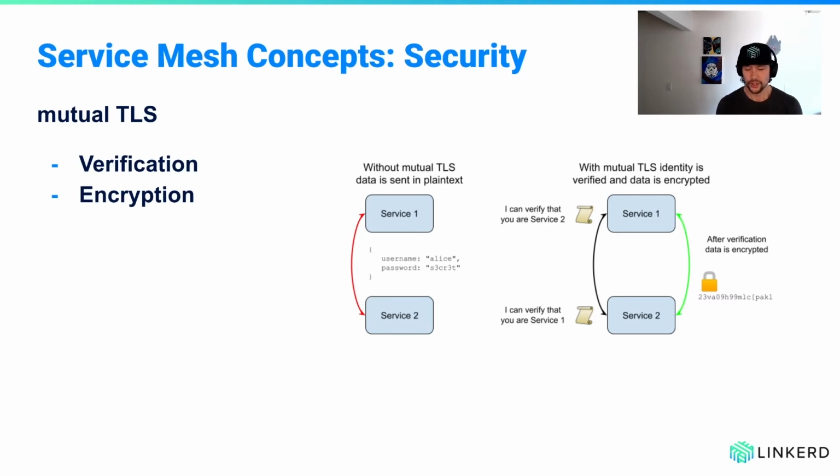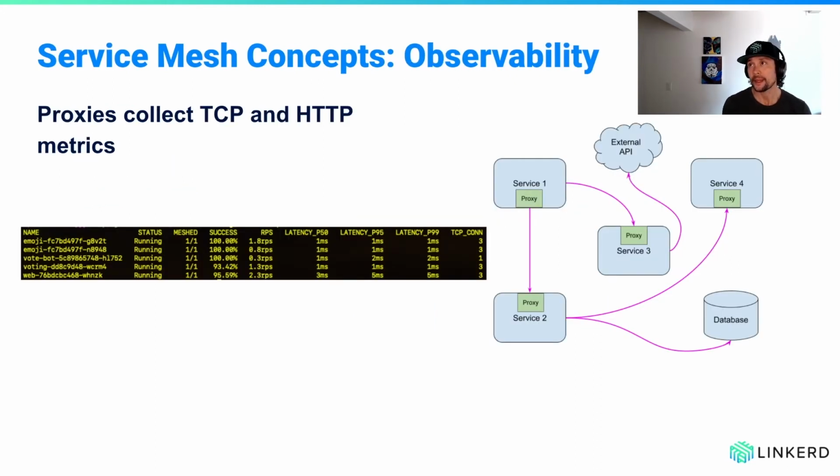With Linkerd mutual TLS, the developers of the services don't have to worry about building that. The Linkerd proxies will build that mutual TLS, which then becomes a part of the end-to-end encryption. So that's the security aspect of what a service mesh offers, what Linkerd offers.